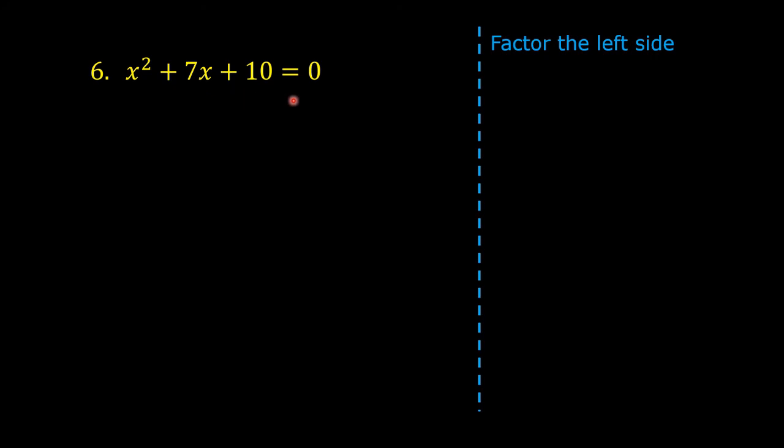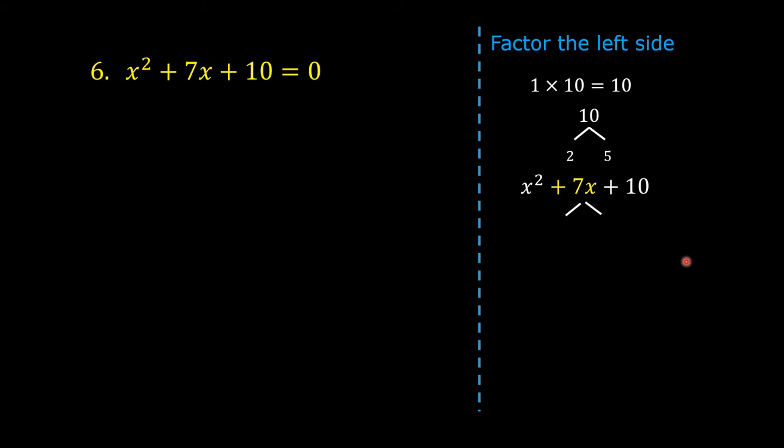Multiply 1 by 10. 1 times 10 is 10. Factor 10. 2 and 5 are factors of 10. Copy the left side of the equation: x squared plus 7x plus 10. We can see that if we add 2 to 5, we can get 7, the coefficient of x.